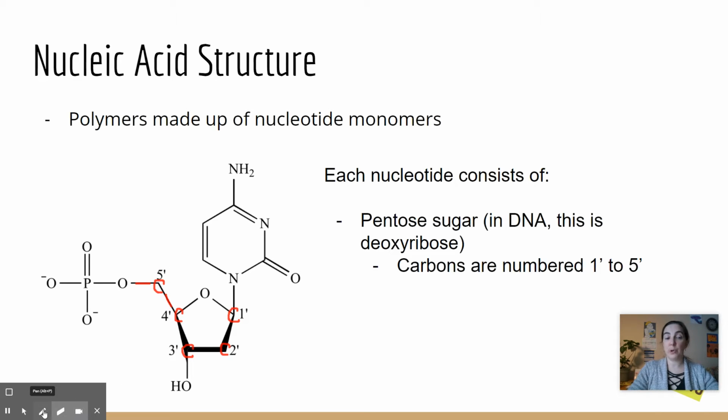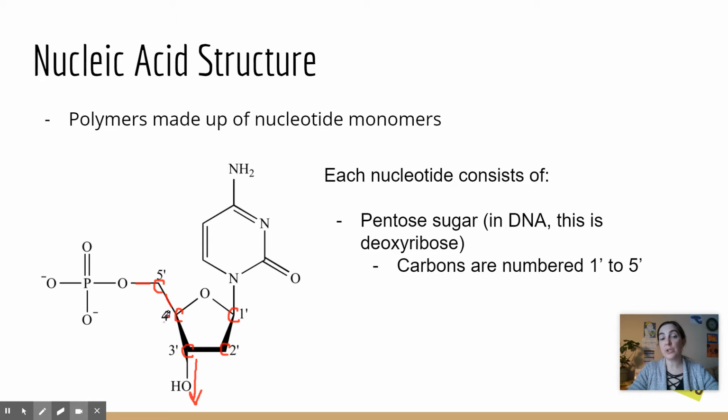And that's going to be important when we start looking at how DNA functions, because you can see the other pieces of the molecule that are attached are different. The phosphate group is attached to the 5' carbon, and there's this hydroxyl group that's attached to the 3' carbon. And this is important because this hydroxyl group off the 3' carbon is where this nucleotide is able to bond to the next, which we'll talk about in the next slide.